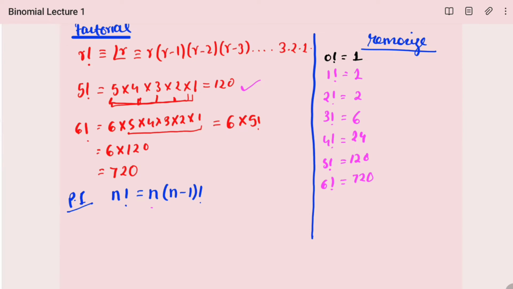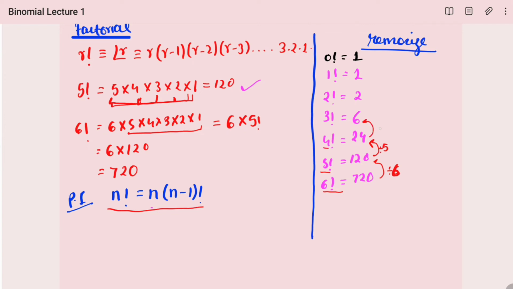Now there is a very good analogy or an explanation to this. Following this property, whenever you go back 1 factorial, that is whenever you go from 6 factorial to 5 factorial, you divide by 6. Dividing 720 by 6, you get 120. Dividing 120 by 5, you get 4 factorial.